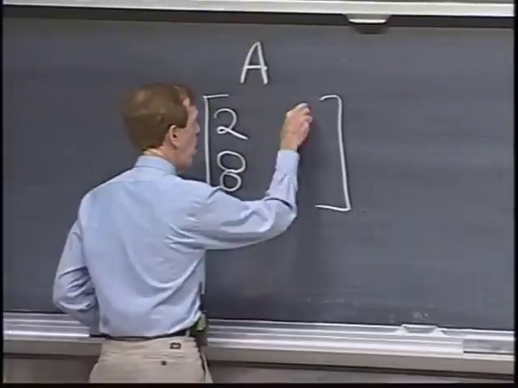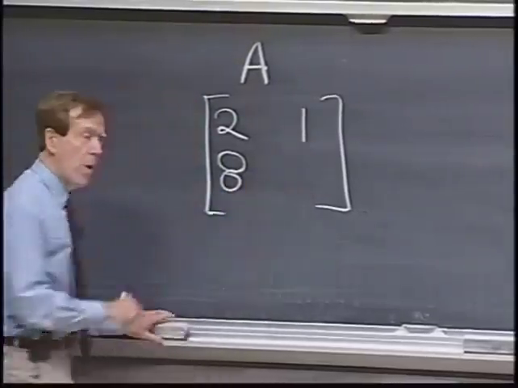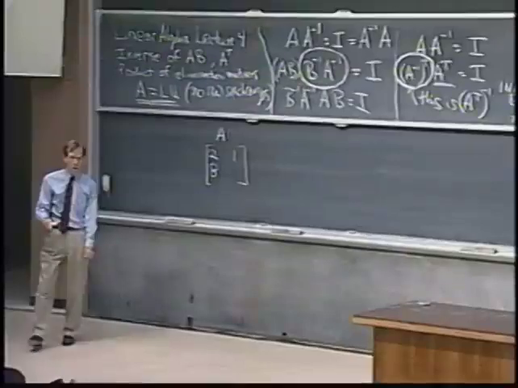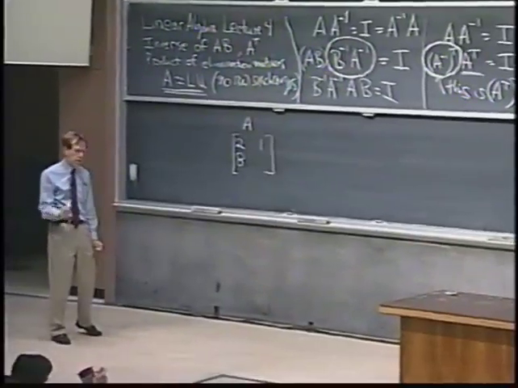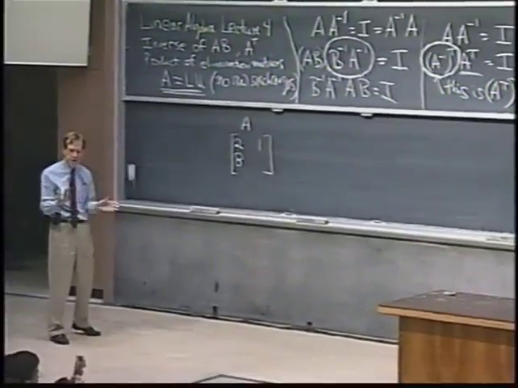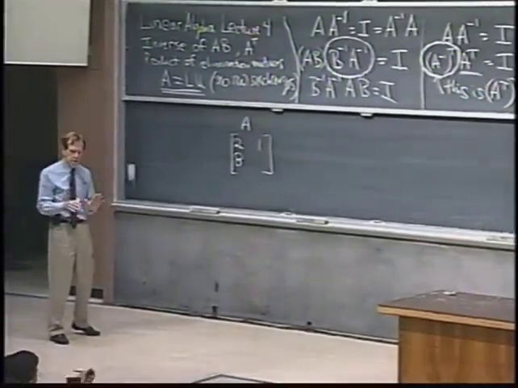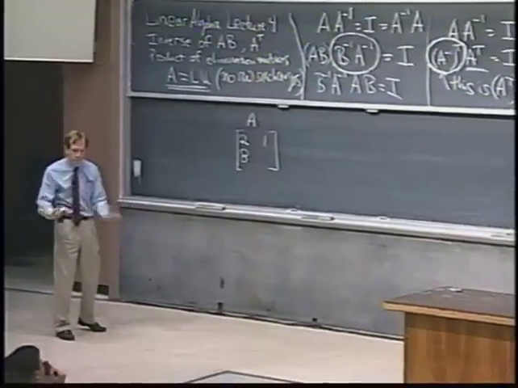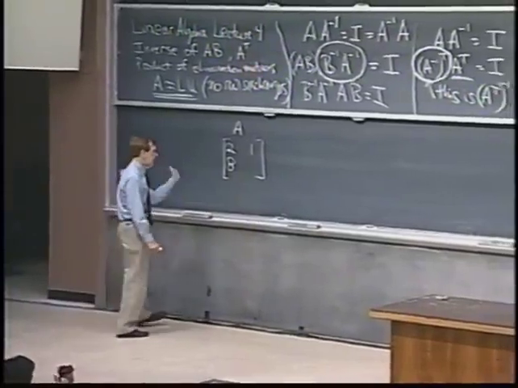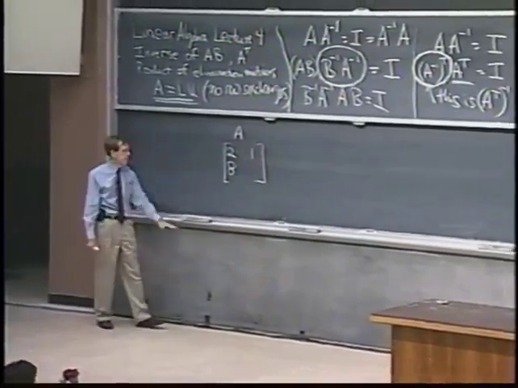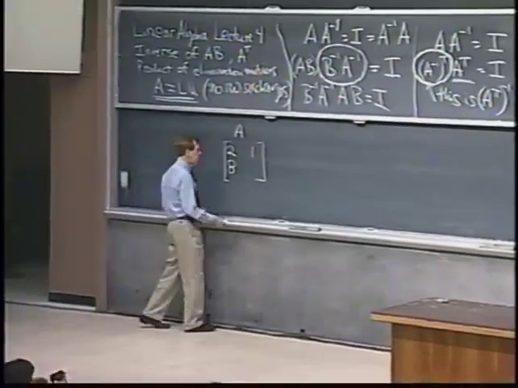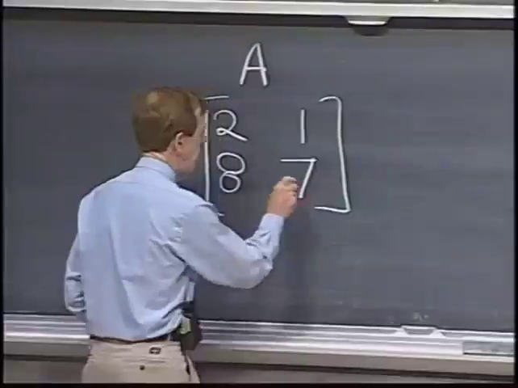And then let me put a 1 here. And what number do I not want to put there? 4. I don't want a 4 there because in that case we wouldn't have a second pivot. The matrix would be singular. So let me put some other number here, like 7.